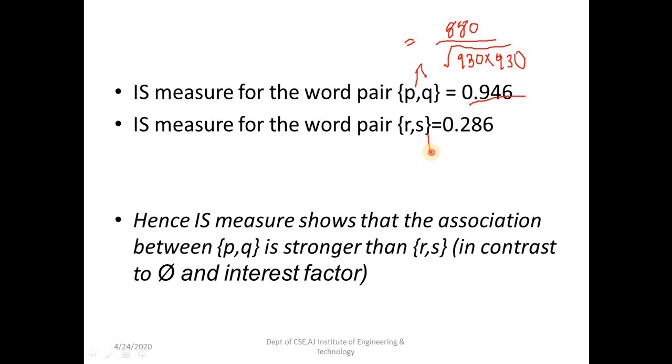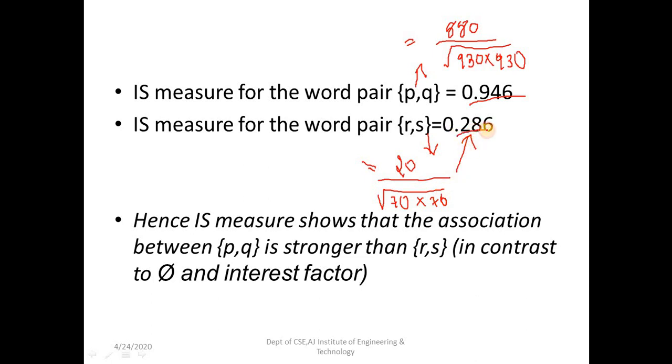Similarly, we can calculate the IS measure for r, s using the same formula: f11, that is 20, divided by the square root of f1+, that is 70, into f+1, which is also 70. Solving this equation you get this answer.